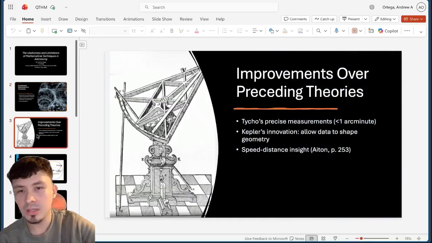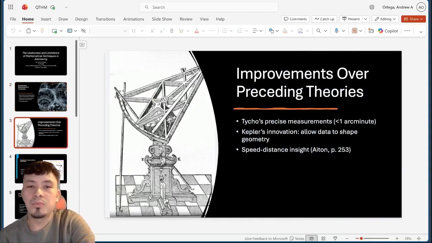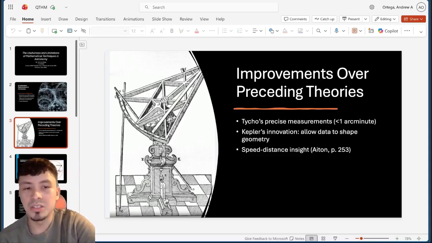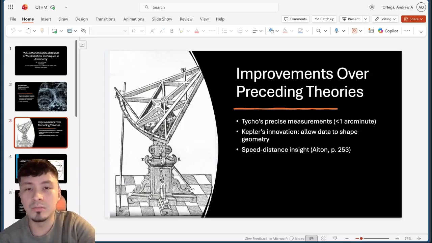So for slide 3, I will be showing the improvements over preceding theories. Here I will show Tycho's precise measurements, which is the arc minute, and also Kepler's innovation that allowed data to shape geometry, and how I will explain this.